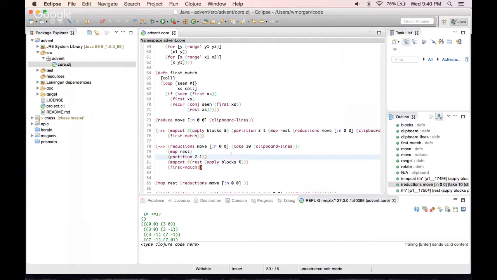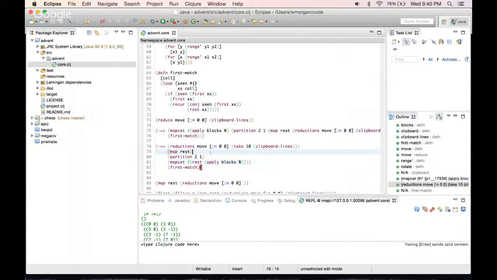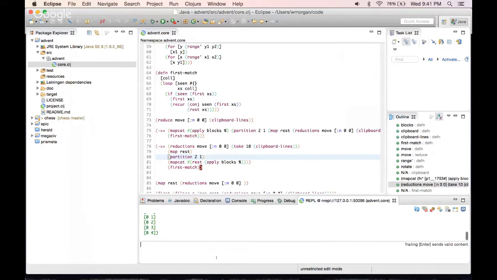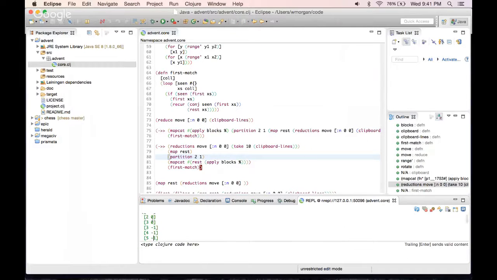Because of an off by 1 situation, we also have to take the rest of this, otherwise you would take, for example, 3, 0 twice. As an intermediate step, for the first 10 steps, you can see each of these locations is only changing by 1 block at a time, which is what we want.